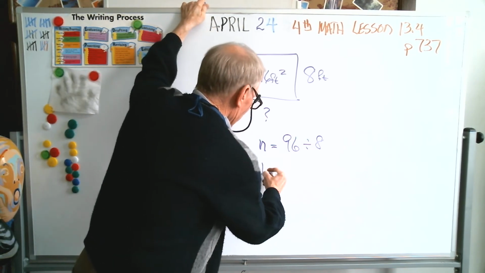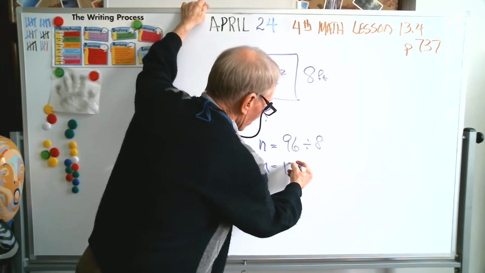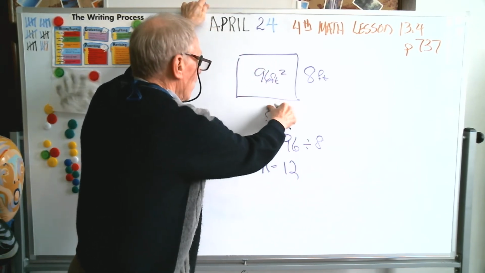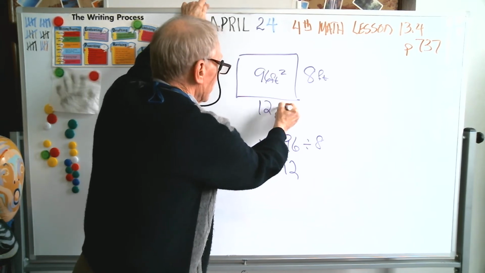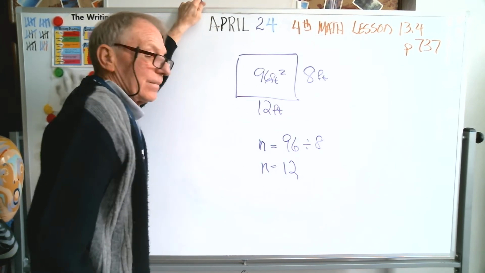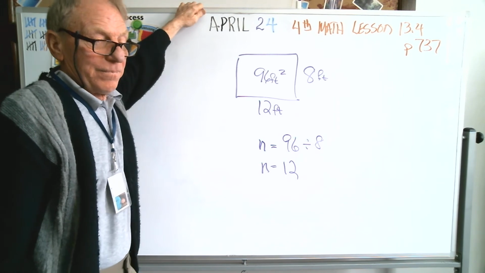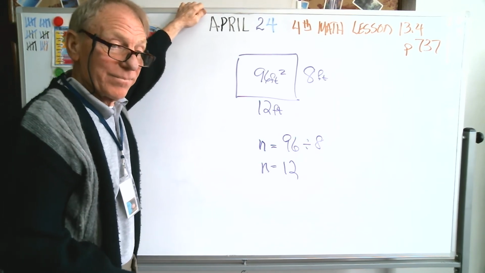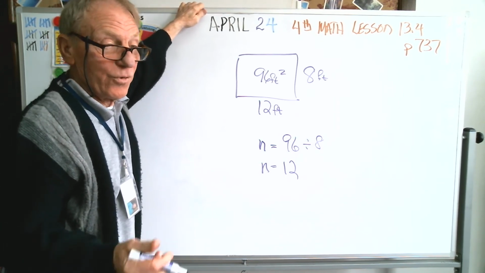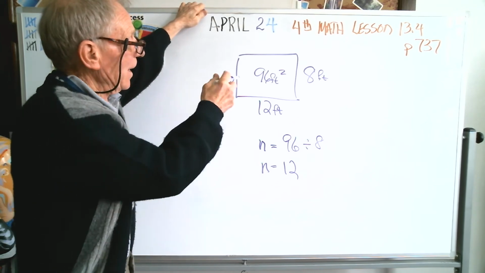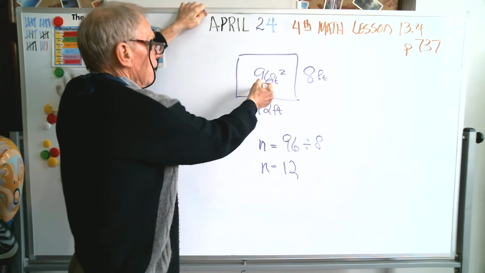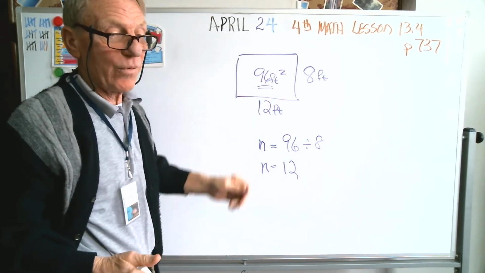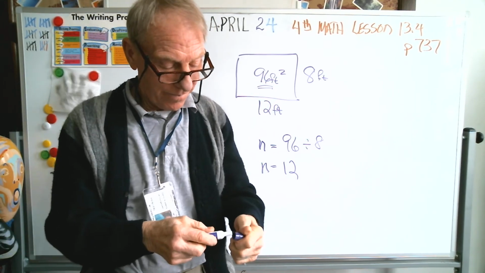So n will equal 12. So we now know that our length is 12 feet. How do we check it? Well, just do the multiplication. 8 times 12 equals 96. Therefore, we know we have the correct answer.